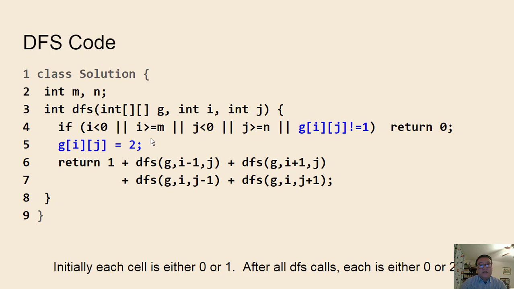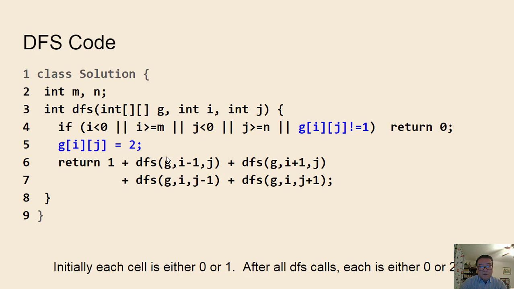So each time we visit a cell, we have to change the state somewhere so that we will not make a recursive call on this cell again. Here I change the value to 2, and because of this check, when I visit this again, it will simply return. I will not execute this body again.